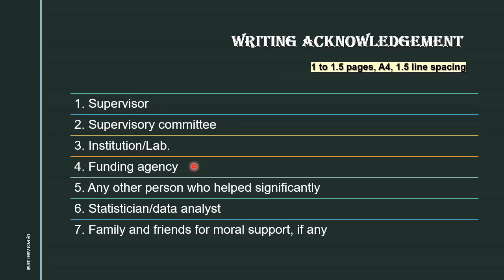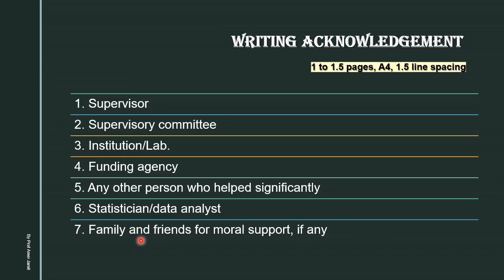You should also write down the names of the persons and how they helped in your project, but it should be a significant type of help. Similarly, you may also write about the data analyst or statistician. Finally, you can also give names of family and friends for moral support if there was any.